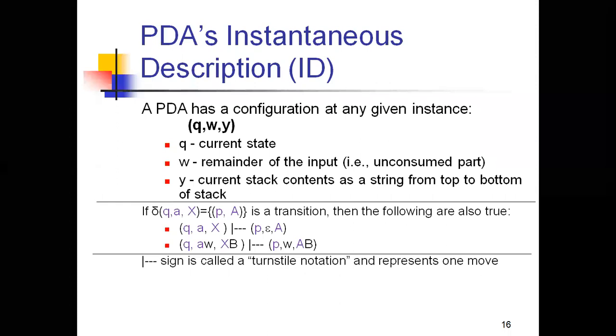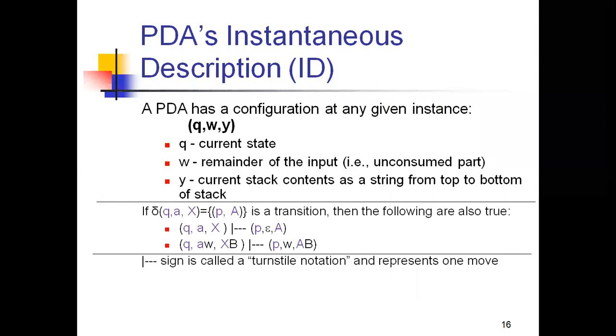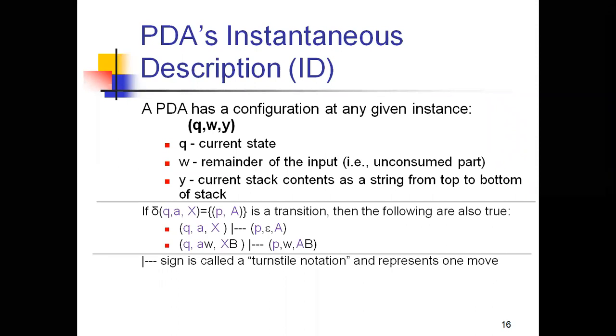So this is a simple concept of what the instantaneous descriptor is, and how many instances we are giving here: only one instance, and we define what that instance is. And here we're having a transition, where the transition is defining the two rules, and those two rules are useful for converting the given context free grammar into the PDA.